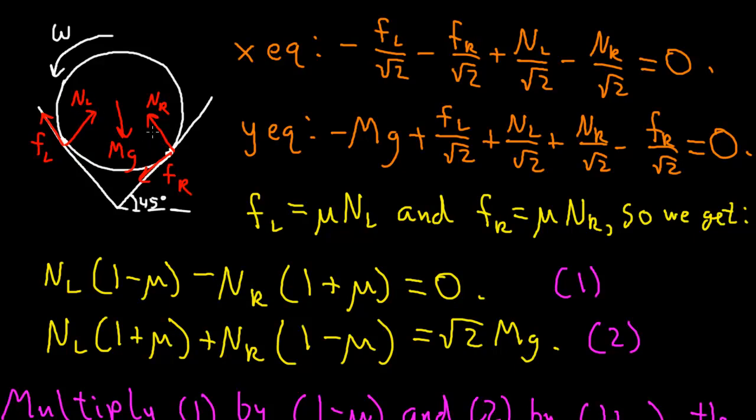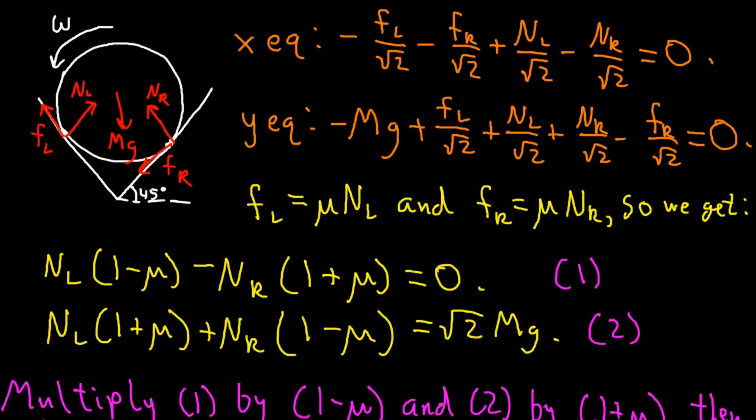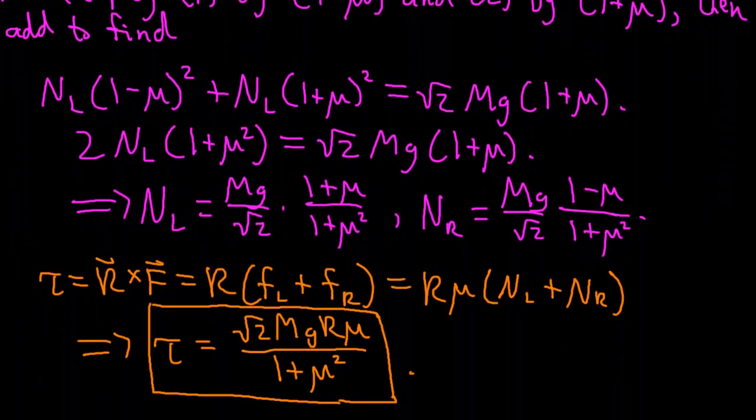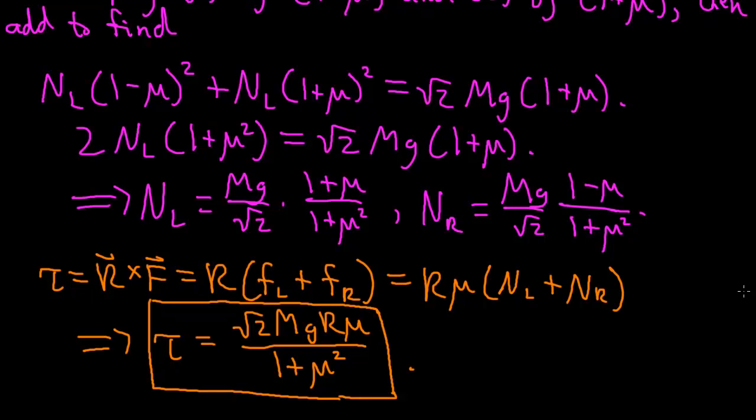It looks very symmetrical, but the normal forces are different, and that's the key feature, because finding those two different normal forces then gives us the friction forces and thus the torque that we're interested in. So this problem was kind of hard because you had to set it up and figure out that intermediate step without much guidance on your own. But besides that, the actual computation, although it's kind of long, was fairly straightforward. So thanks for watching.